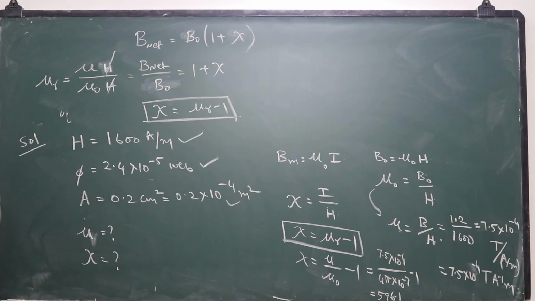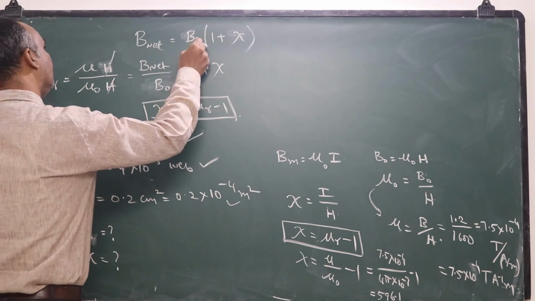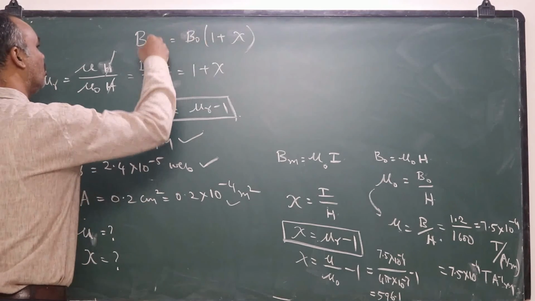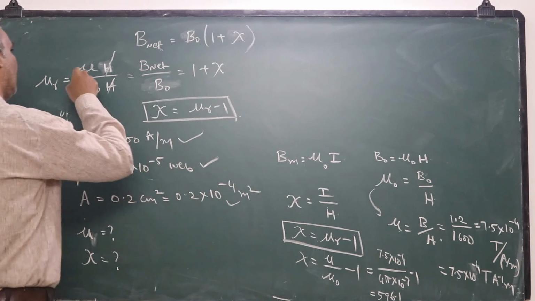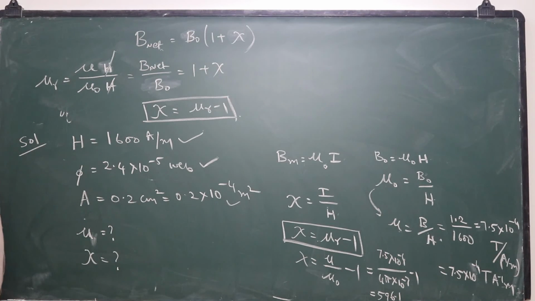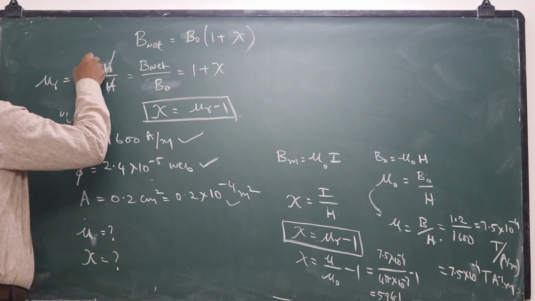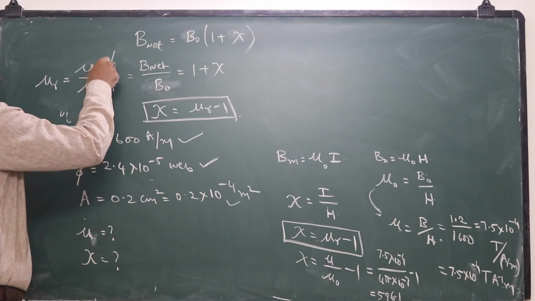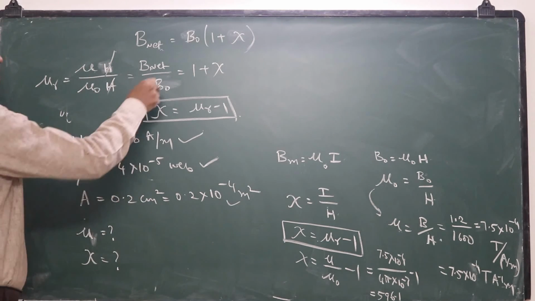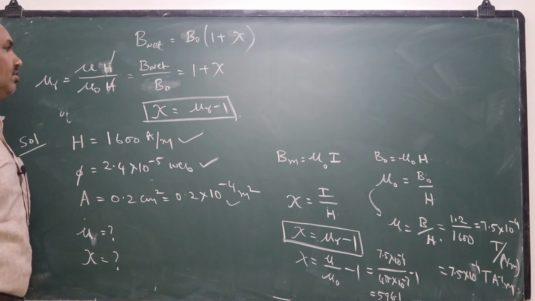Once again, we derived net magnetic induction as B naught into 1 plus chi. So B net by B naught is 1 plus chi. The net magnetic induction is because of the material, so it is the material's permeability into H. Induction due to only the external field is mu naught into H. H gets cancelled.